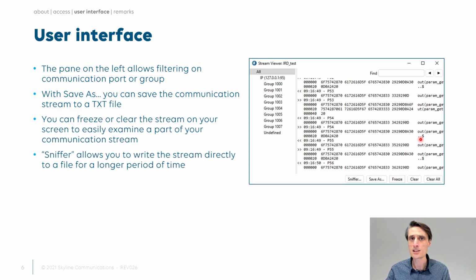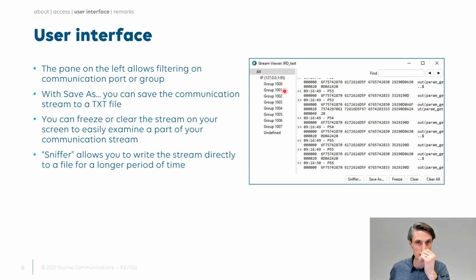Now, the user interface itself, it's very simple, but then again, let's take a quick look at that. We do have, first of all, the communication going back and forward in the main window, you could say.